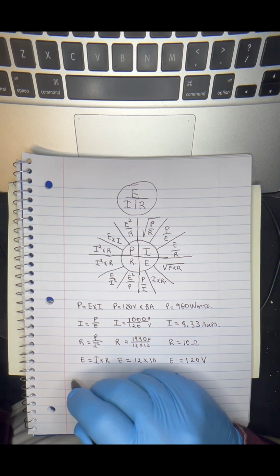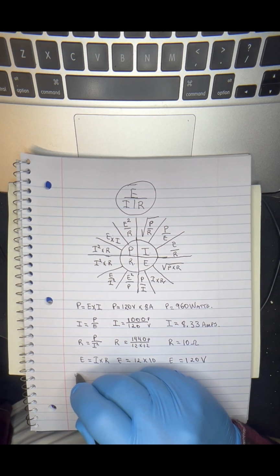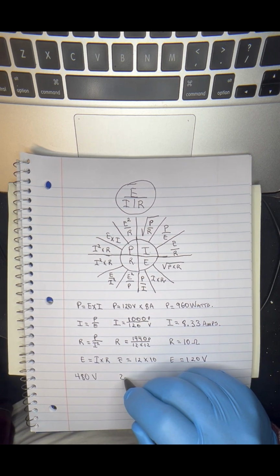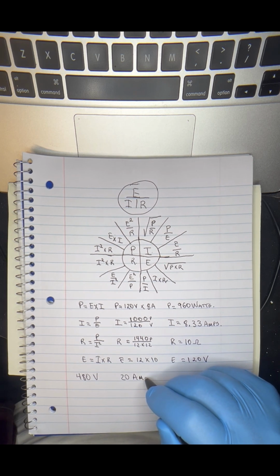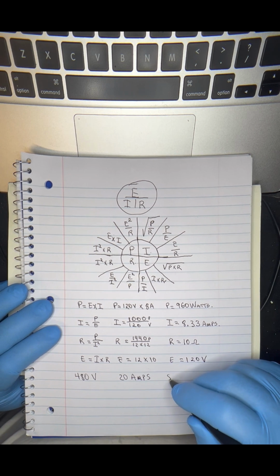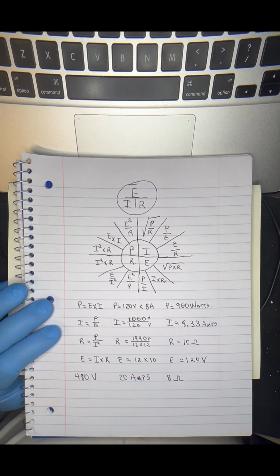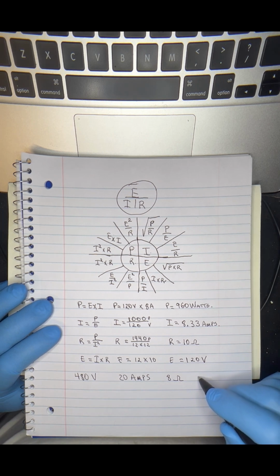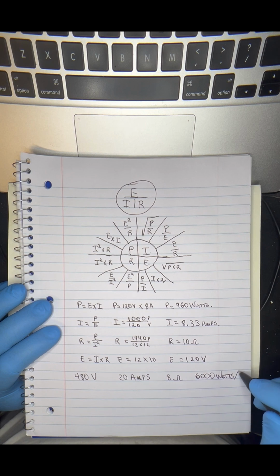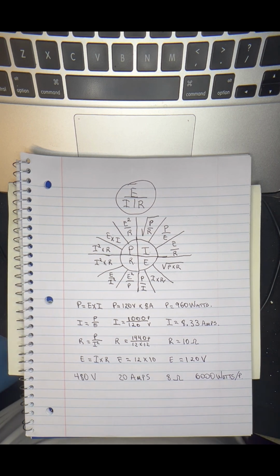For example, try 480 volts, 20 amps, 8 ohms, 6,000 watts, which is power.